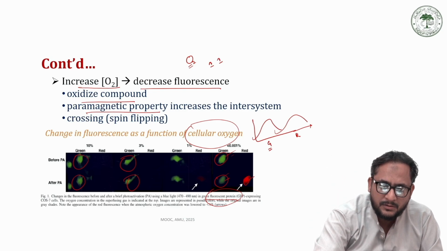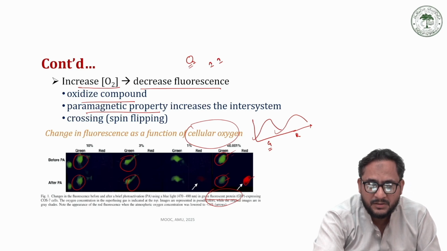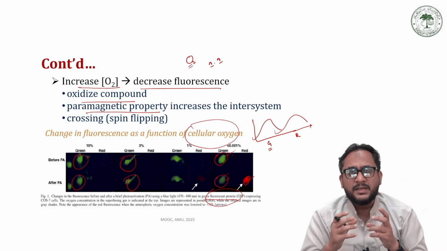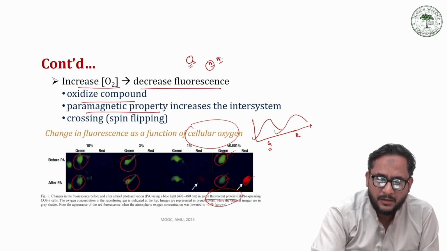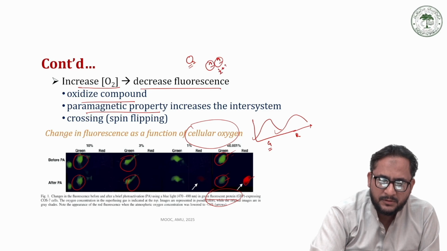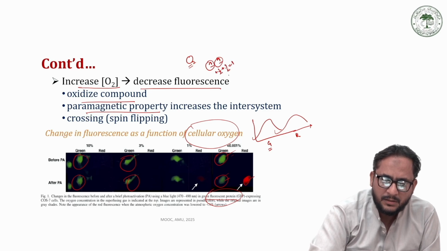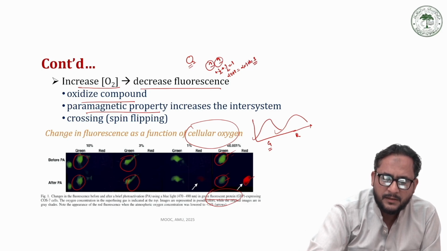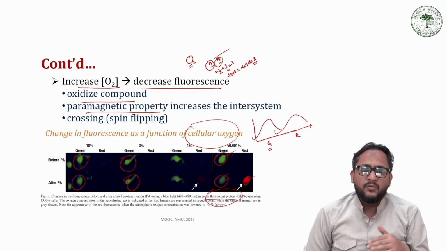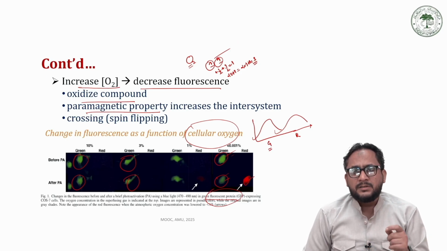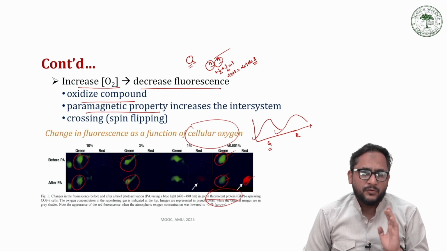Because of the paramagnetic nature of oxygen, these two electrons are placed in two different orbitals and have parallel spin instead of paired spin. Since the spin is parallel, their total spin is plus half plus half, which becomes 1, so the multiplicity will be 3 in this particular case. This gives rise to a triplet state, and therefore electrons show intersystem crossing rather than fluorescence.